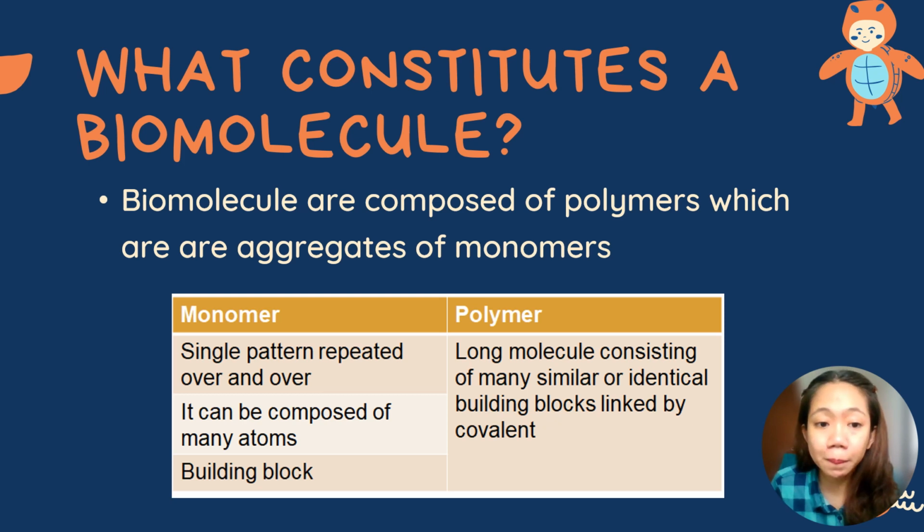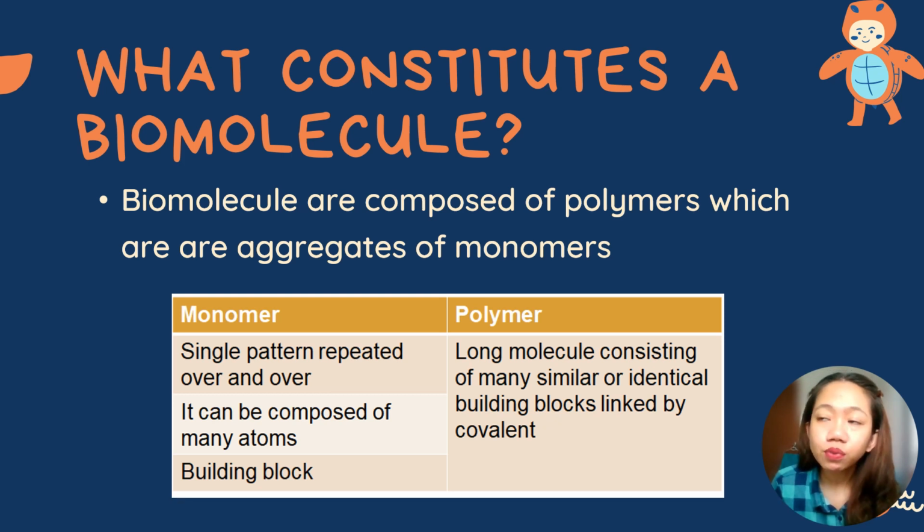This is the most basic unit of the biomolecule. So if you imagine, for example, a long chain, one part, the smallest part, is considered as the monomer, while the polymer is the long molecule consisting of many similar or identical building blocks linked by covalent bonds.